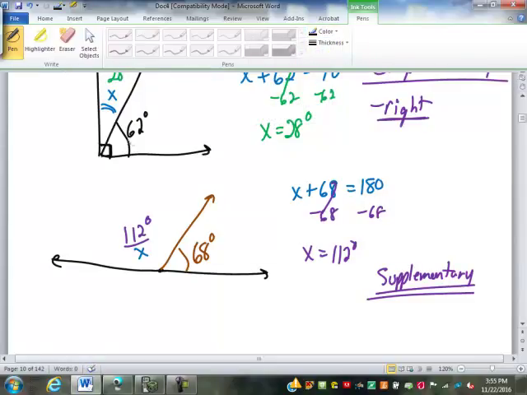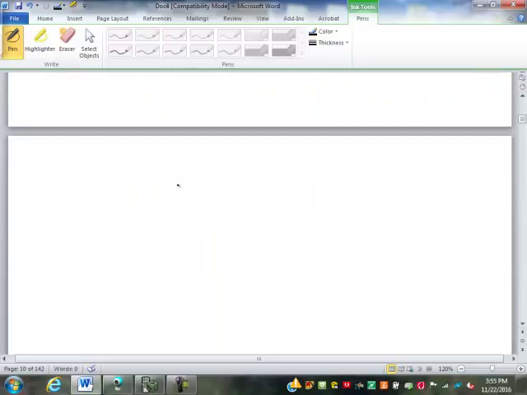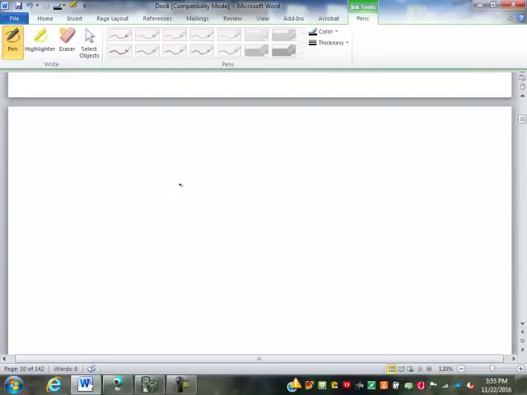So what I've given you here is pretty simple so far, where I just gave you one of the angles and you had to use a simple equation to find the missing one. But it can get a little more complex. You might be told that this is 2x minus 5.